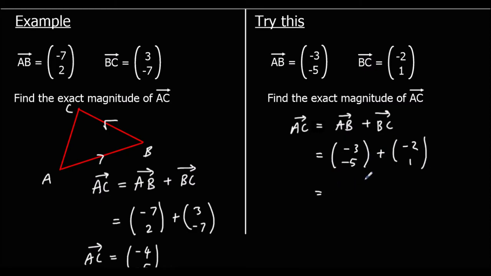So adding the X changes, -3 plus -2 is -5. And in the Y, -5 plus 1 is -4.